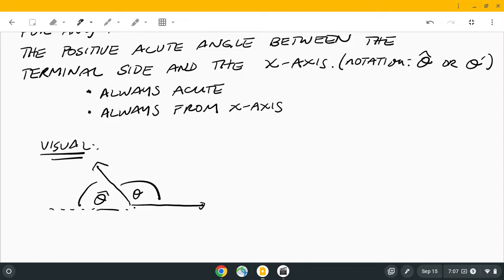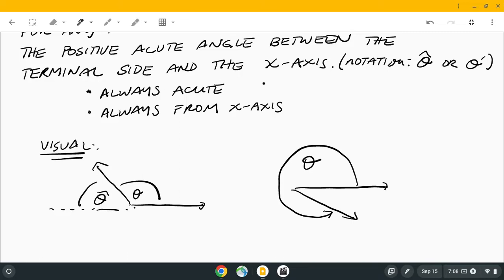Same thing if you have an even bigger angle. So let's suppose you go like this, and then you go all the way around to here, right? So that here is your terminal side. This is theta.